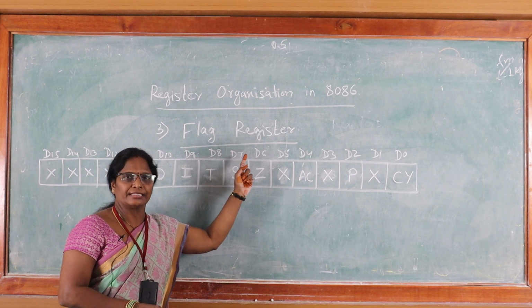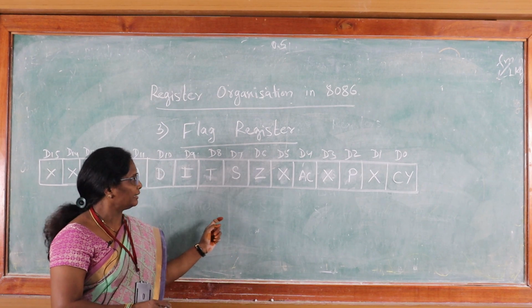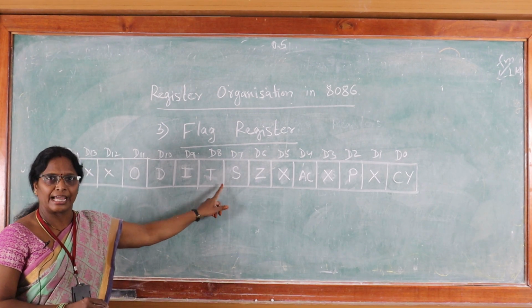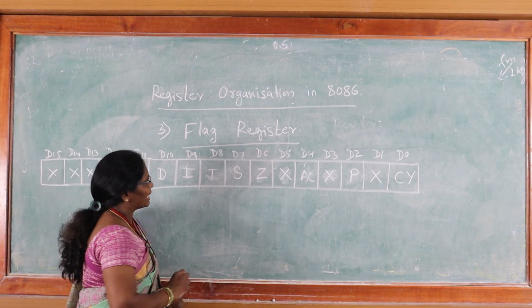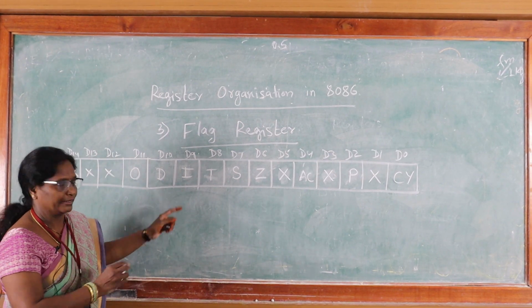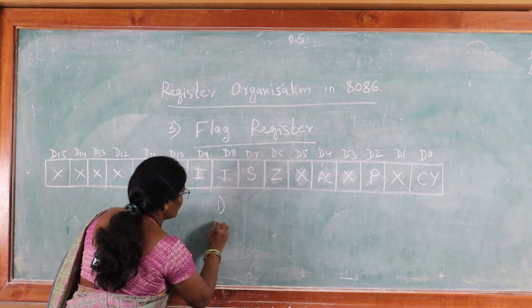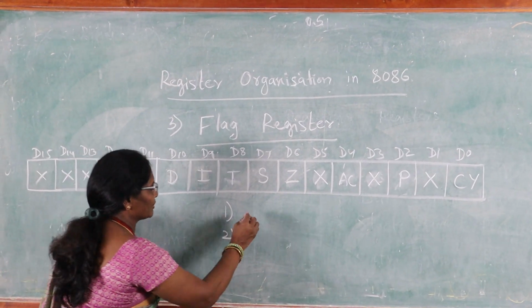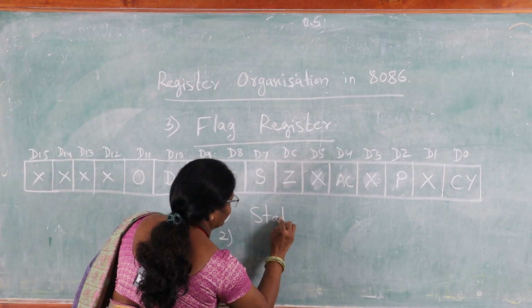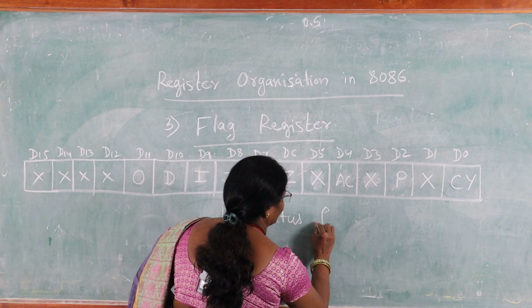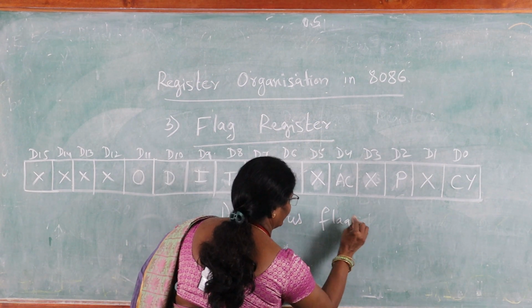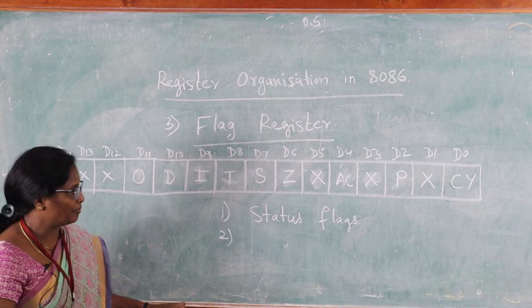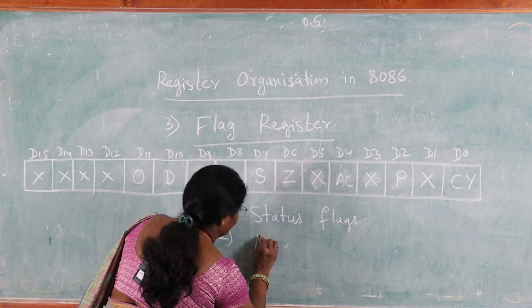So the third type of register is the flag register. The flag register is a 16-bit register, and it contains 9 flags. There are two types of flags: status flags and machine control flags.